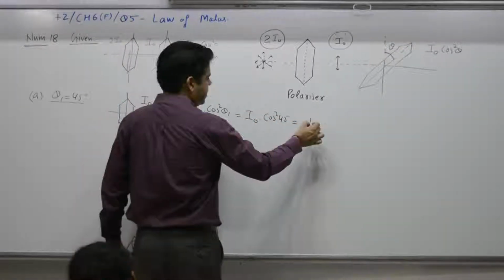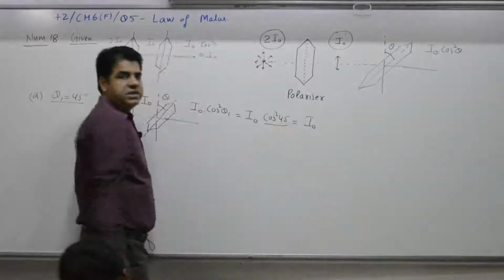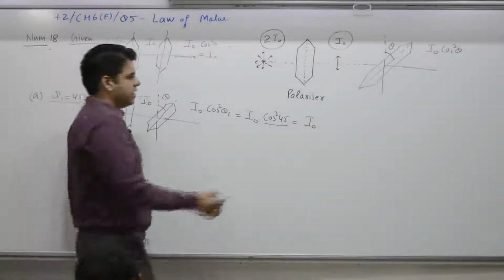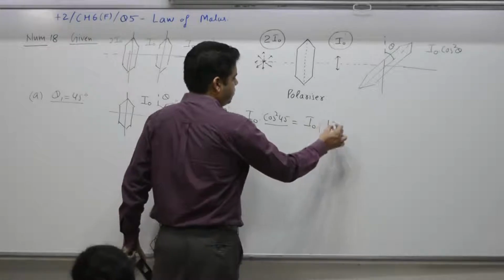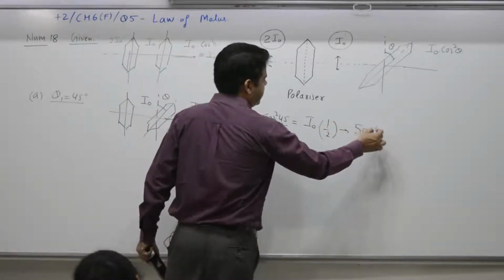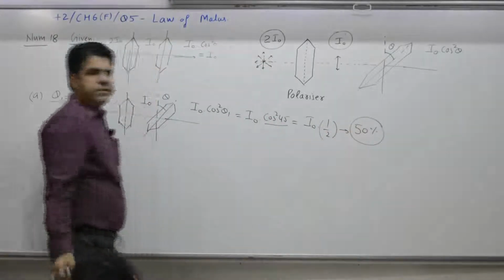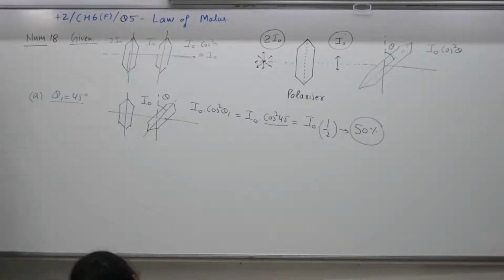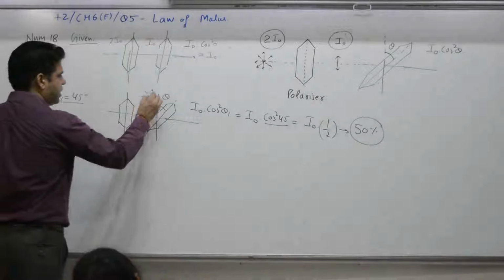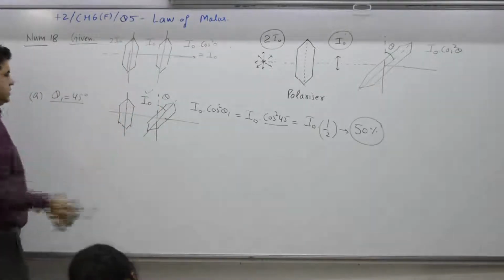Cos 45 is 1 by root 2, square, that is 1 by 2, which means 50%. The angle between the two is 45 degree. It is 50% of this value. There is no question about 2 I naught.